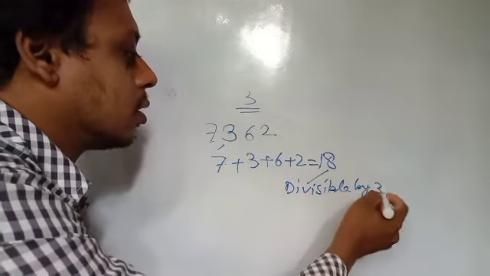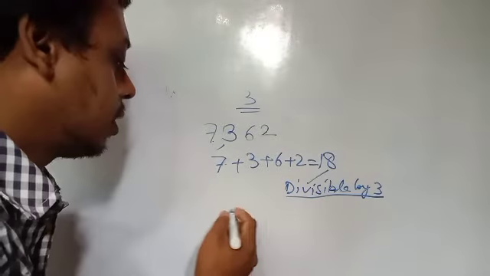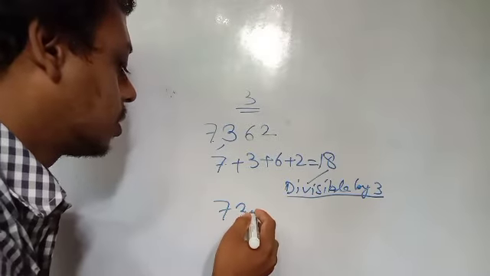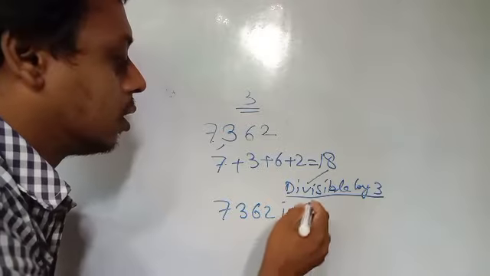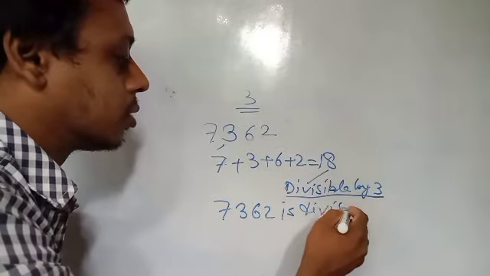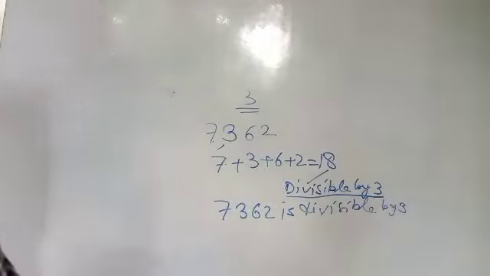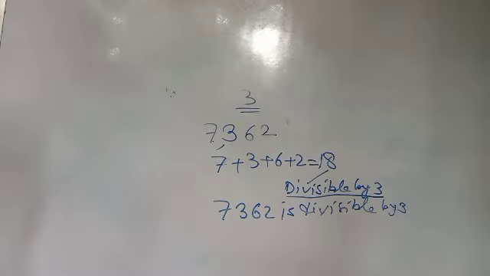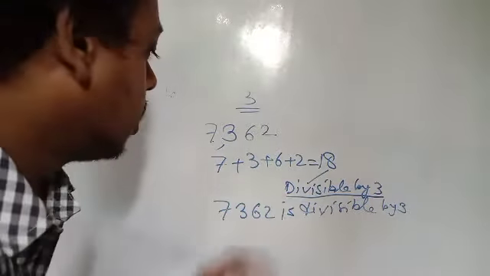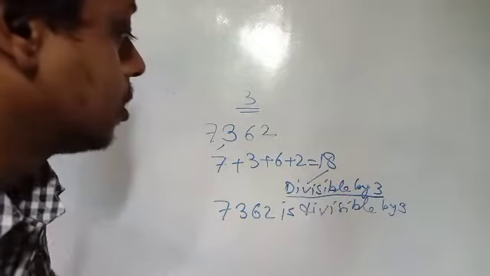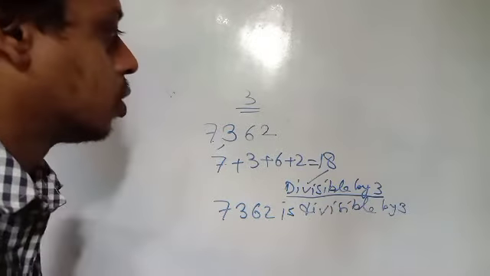So the sum is divisible by 3, then the number also will be divisible by 3. 7362 is divisible by 3. Why? This is the formula. So if the sum of all the digits is divisible by 3, then the number also will be divisible by 3.